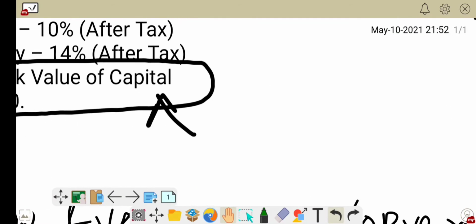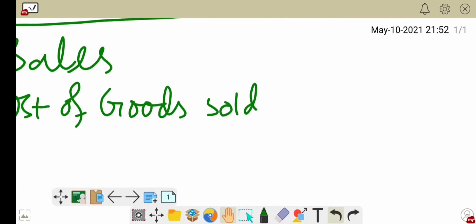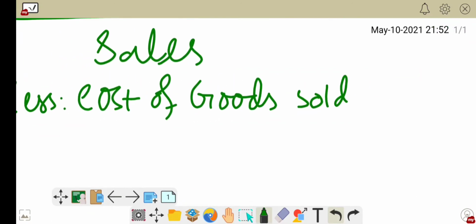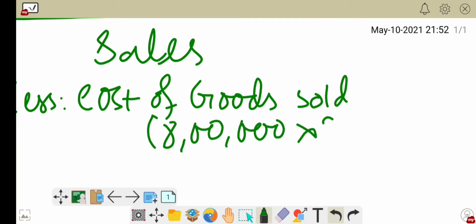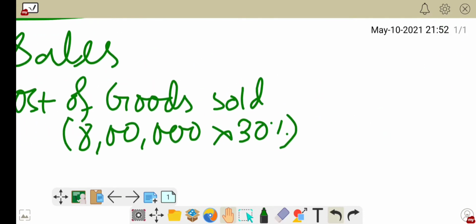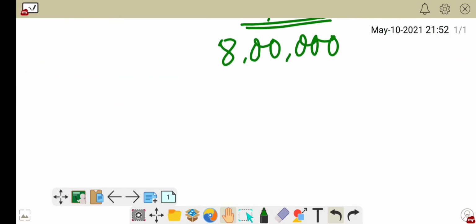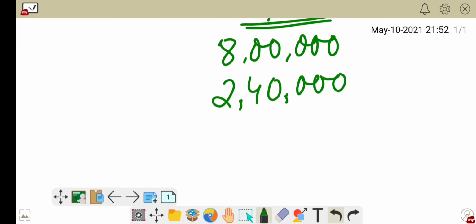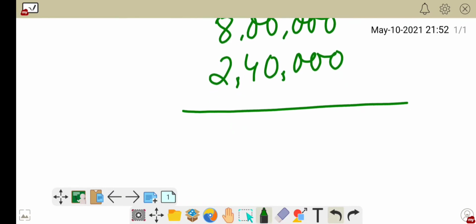That means 30% of 8 lakh, 8 lakh into 30%, that means 2,40,000. After deducting 2,40,000 from 8 lakh, we get 5,60,000.